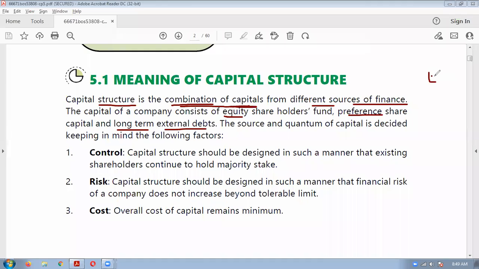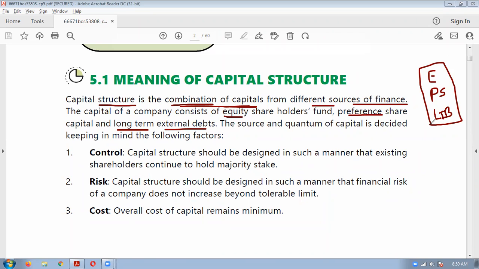So equity will be there, preference share will be there. If we are talking from the point of view of a company, then long-term borrowings will be there from banks, financial institutions, etc. How they are in proportion, in which combination they are, it is called capital structure.